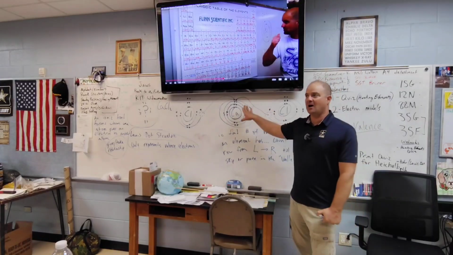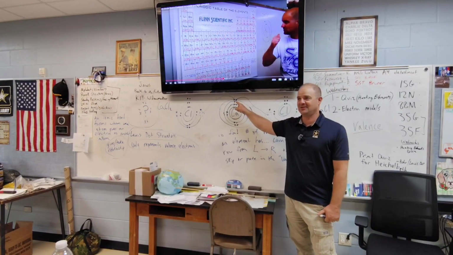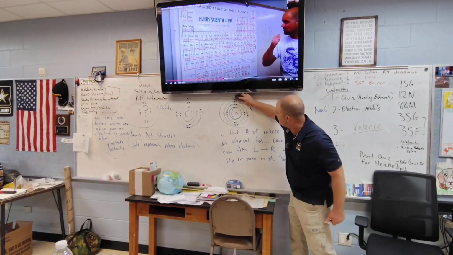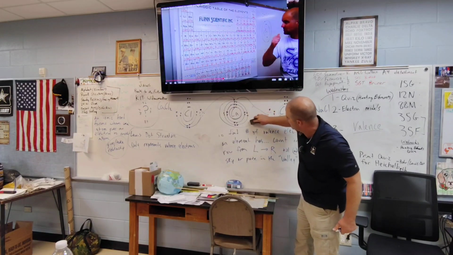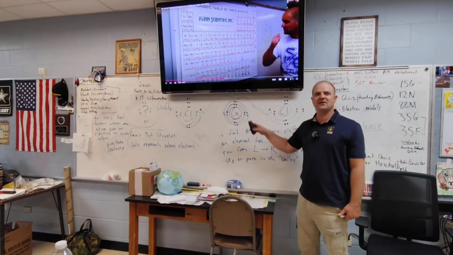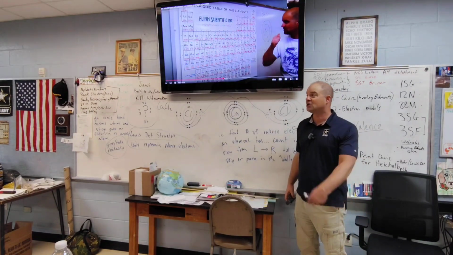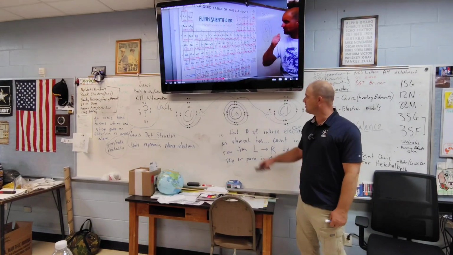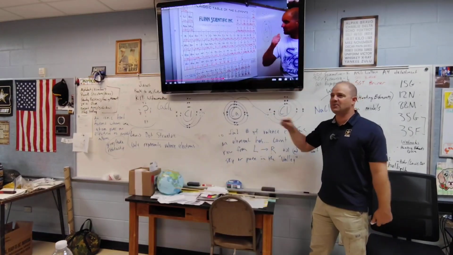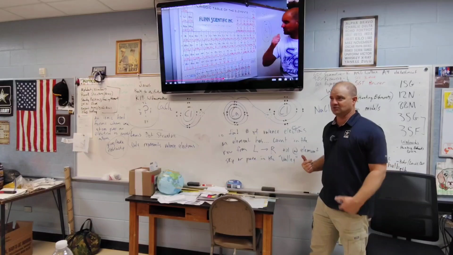Calcium needed to dump 2 electrons. So look, like we did before, if calcium can get rid of these 2, what does it look like now on its valence shell? It looks like a noble gas. So it's satisfied now. It's gotten rid of those 2, but it needed 2 willing partners to take those.